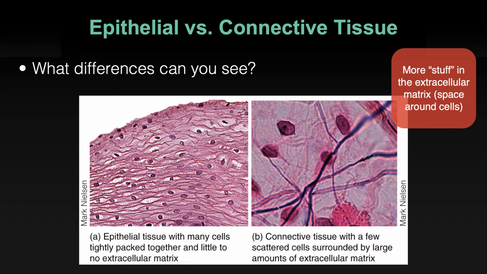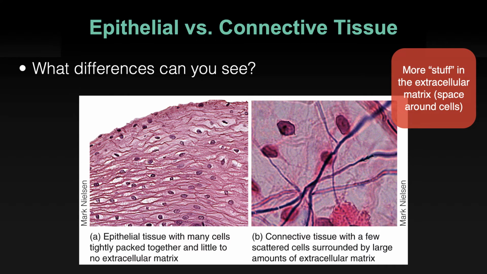The arrangement's wildly different. The cells within each tissue are the dark points. The dark points are specifically the nuclei. You can see many different nuclei, many different cells sandwiched together on the left. And on the right, they're dispersed. There's very few, and the area between them is full of a lot more stuff.